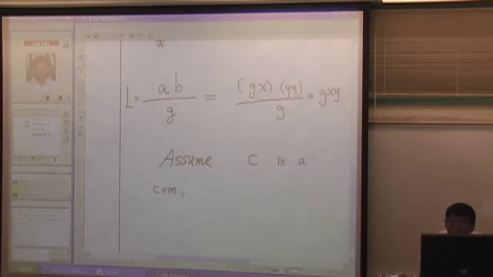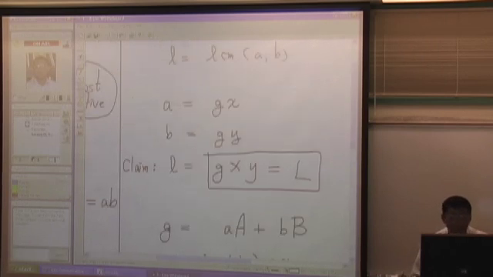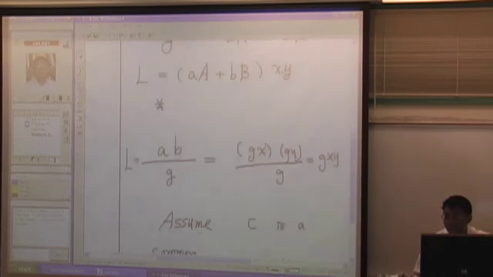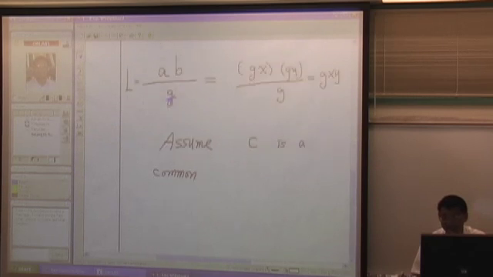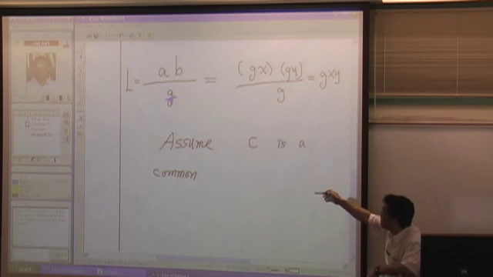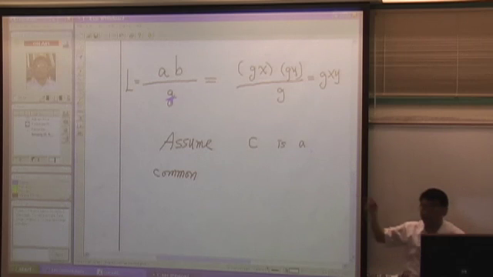Why is that equal to gxy? It is defined right here. A equals gx. B equals gy. I defined. But when you have g times x and g times y, all over g, a is g divided by g. Right, yeah, I got it. This is the definition of L. So the missing part is not this part. Any common multiple will be greater than this L. That is the goal, right?